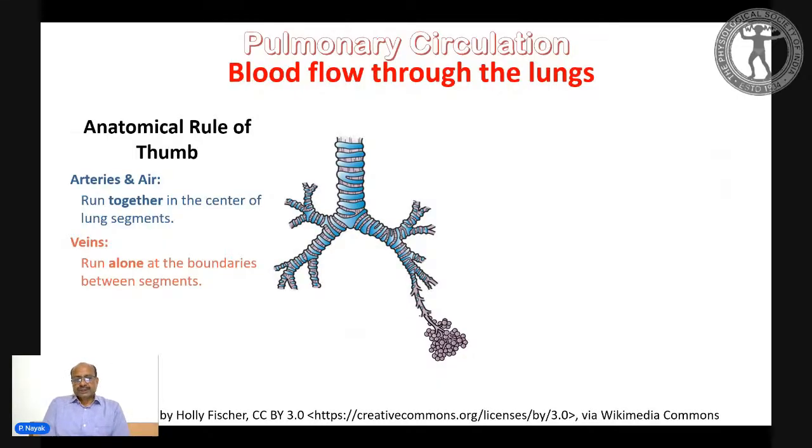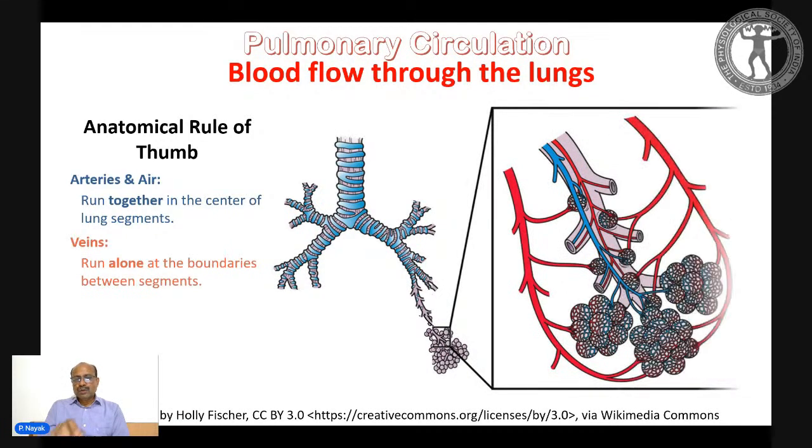If we understand a little more, the pulmonary arteries and the bronchial tree run together in the center of the lung segments, whereas the pulmonary veins run alone at the boundaries between the segments.